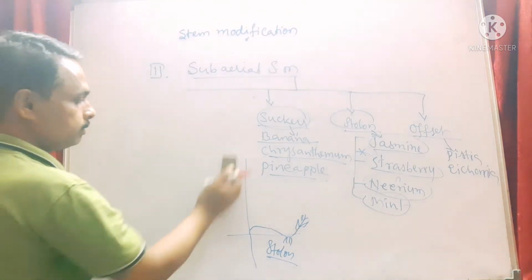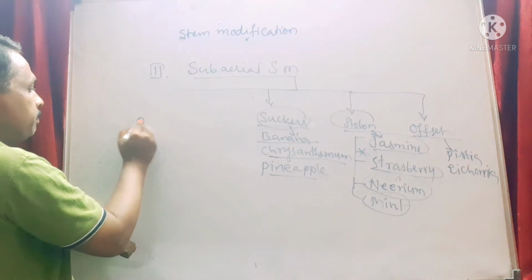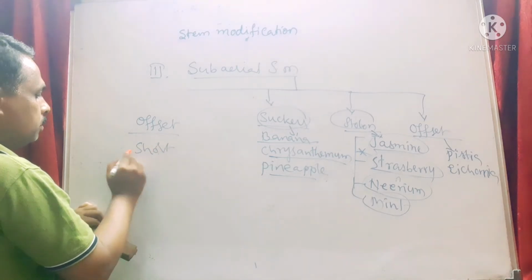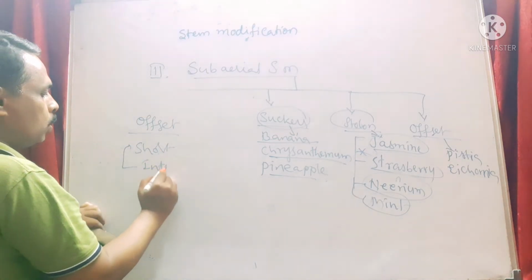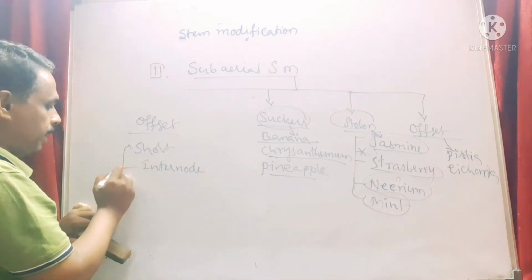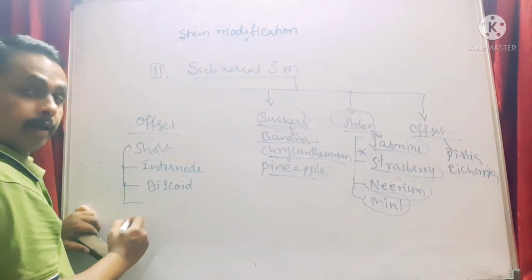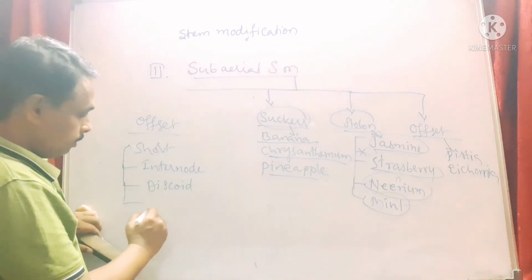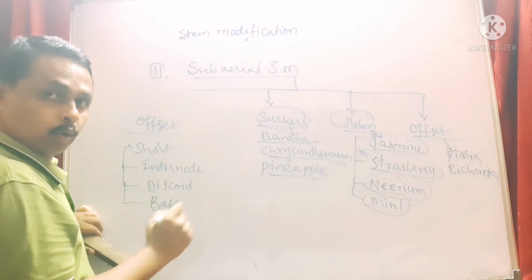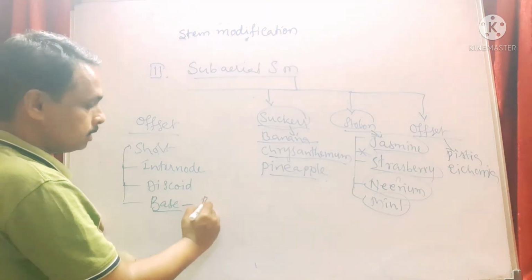That's about stolon. Next, when you're talking about offset, what is offset? Offset means there is a short internode, which will be discoid, and at the base of this short internode, a tuft of balancing roots are developed.